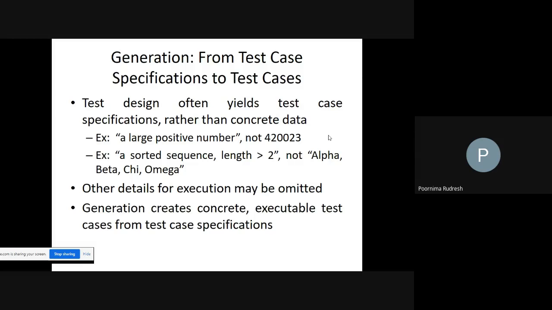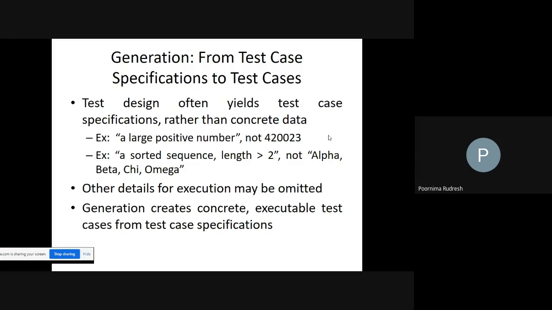First we'll see the generation of test cases from the specifications. If the test case specifications produced in the test design already include the concrete input values and the expected results, right?